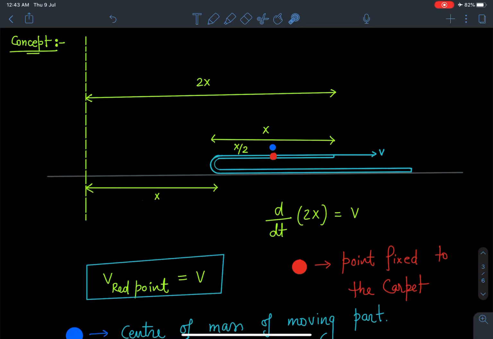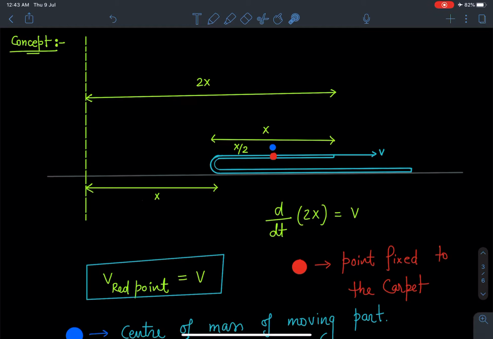So as you can see, if x is the length at any time t which is moving, then this x length would have come from this part, because I'm ignoring this bend part. I'm assuming that negligible length is present in the bend. So this distance is x, and this is x. So the overall displacement of this point from the initial position is 2x. So we can say d by dt of this 2x is going to be the velocity of this point.